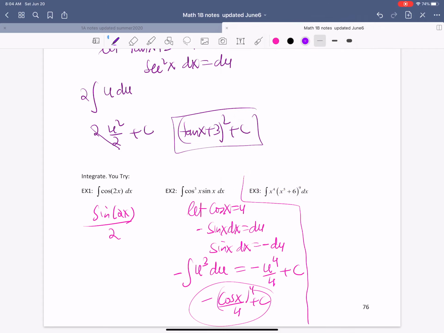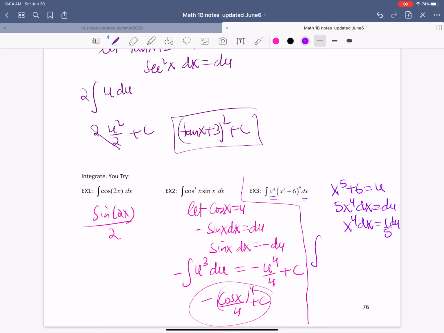All right, so we can let x to the fifth plus 6 be u. 5x to the fourth dx will be du. We don't need the 5 over there, so let's take 1/5 du.